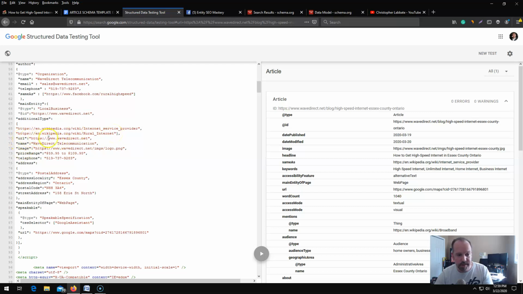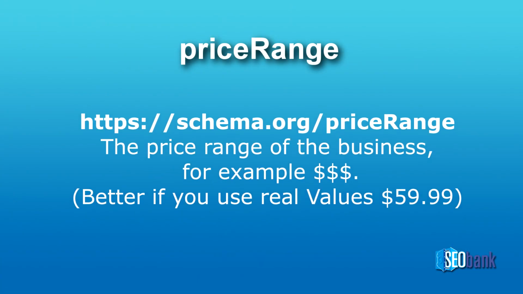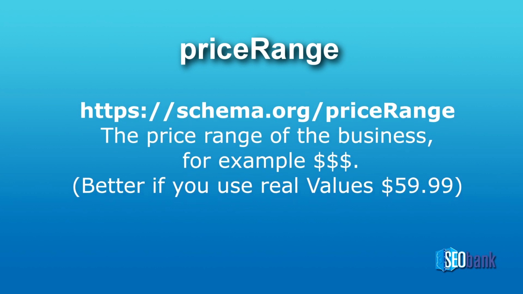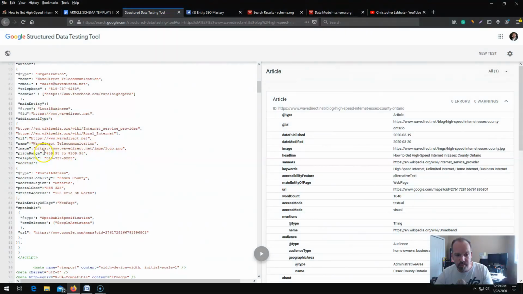The URL, that gives us the URL of the homepage. The name is basically the name of your business. Image, so again, we're just including the logo. Price range.